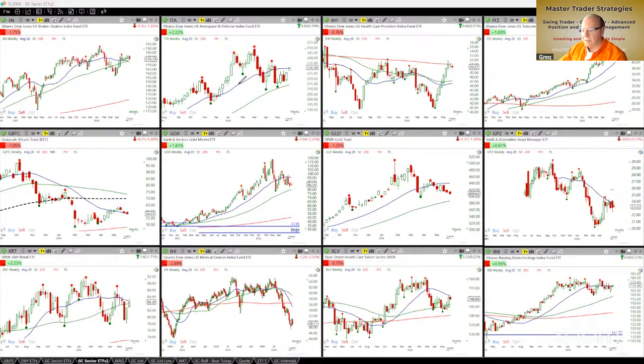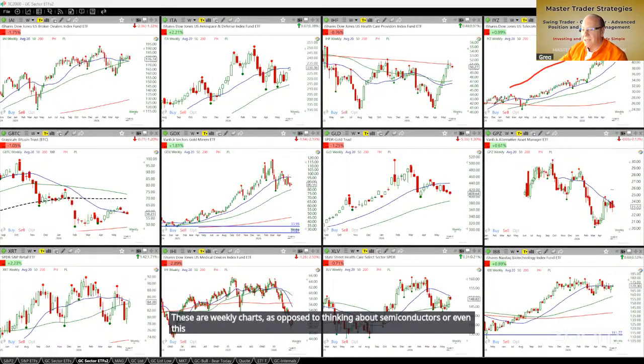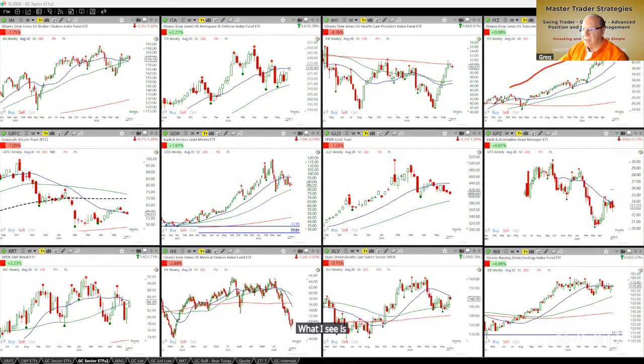Aerospace and defense. When I said, what do you see here? These are weekly charts as opposed to thinking about semiconductors or even this. What I see is the majority of the sectors aren't going up. So when we looked at that breadth gauge previously, we said that was deteriorating, right?